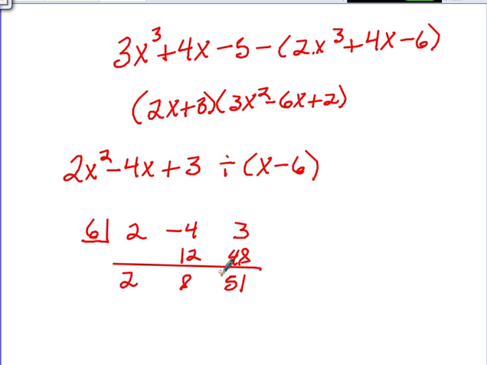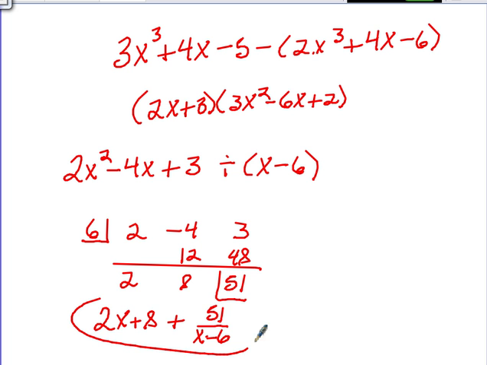The last number you get is your remainder. The number next to it is a constant. The number next to that would be an x term. If there were another, it would be an x squared term. So this would be 2x plus 8. Always write your remainder over what you're dividing by. So plus 51 over x minus 6. So make sure you know how to do synthetic division.